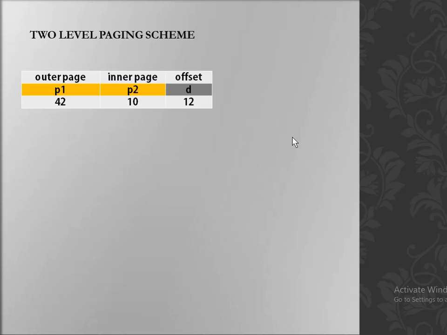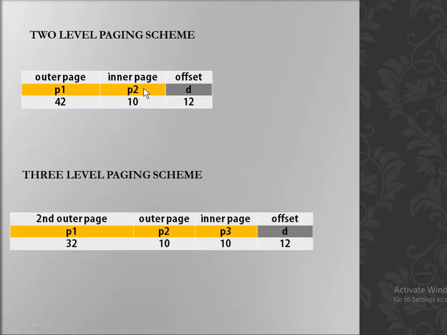Here P1 is the index of the outer page table, and P2 is the index of the inner page table. In a similar way, in the 3-level paging scheme, the length of the outer page table is 42-bit and the inner page table length P2 is 10-bit.